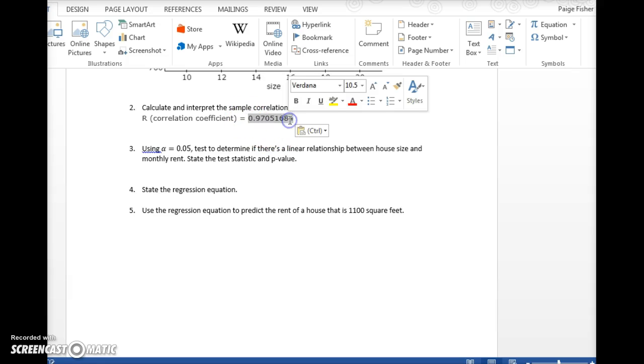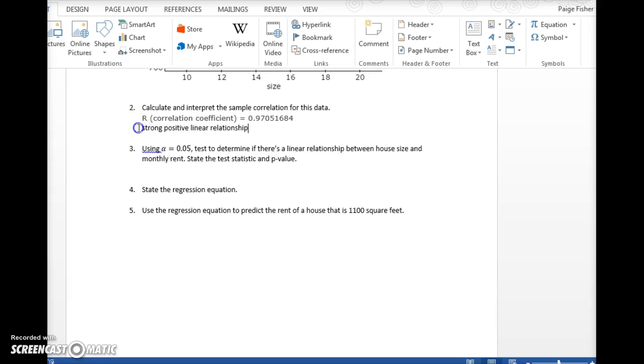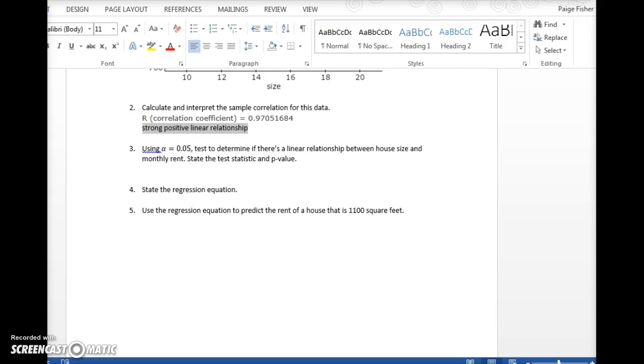And this is very close to 1. So we will say it's a strong positive linear relationship. That's how you would describe this.